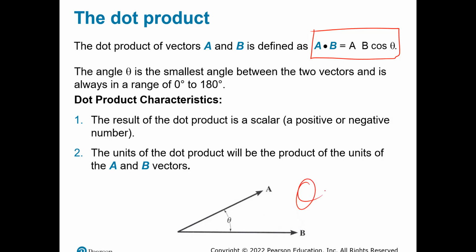The angle is the smallest angle between two vectors, and it's always from 0 to 180. The result of the dot product is a scalar, a positive or negative number, and the units of the dot product will be the product of the units of A and B. If you have forces, it'll be newtons and so on.